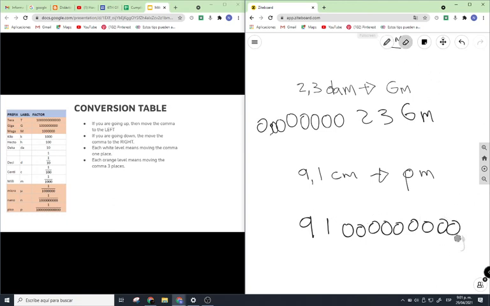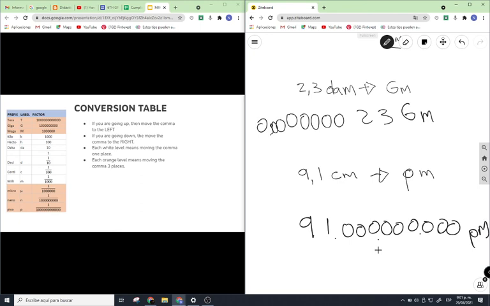So remember that when we have the comma on the right, we can erase it because it's a natural number. It's just hidden. It is there, but hidden, invisible. So in total, we can say that it is 91 billion picometers. Okay, 9,1 centimeters are 91 billion picometers.